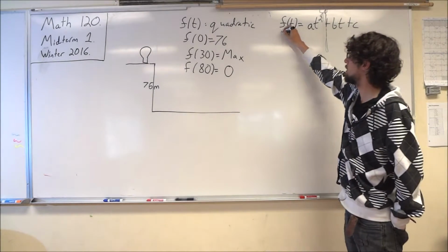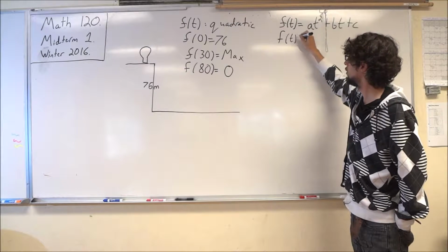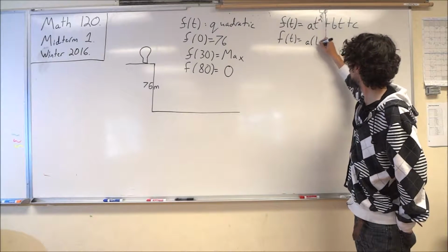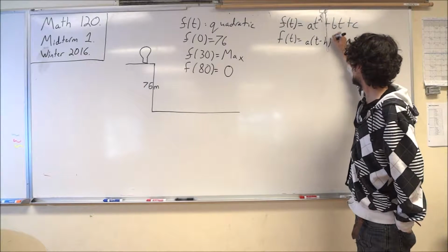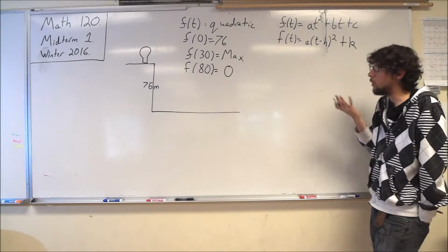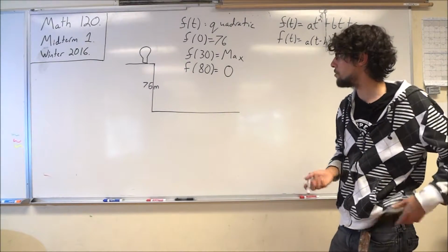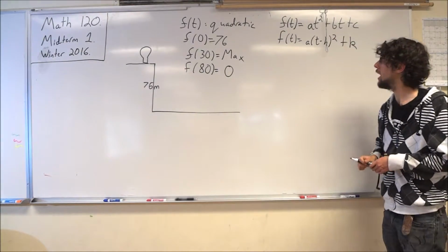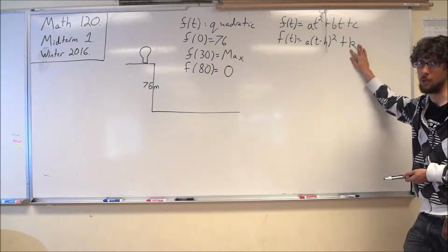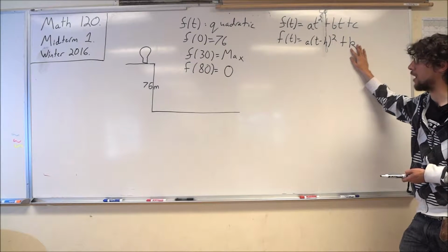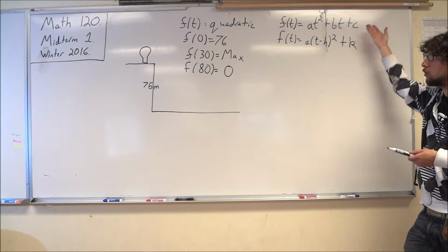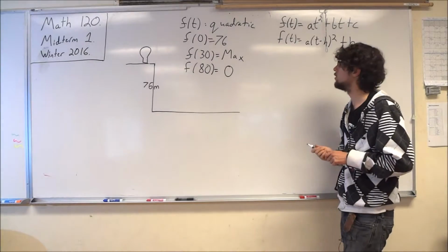And the other one looks like this. Which one we choose to use doesn't matter so much. This one is convenient to use if you happen to know the vertex of your parabola, the vertex of your quadratic. In general, you can use either one in any situation.